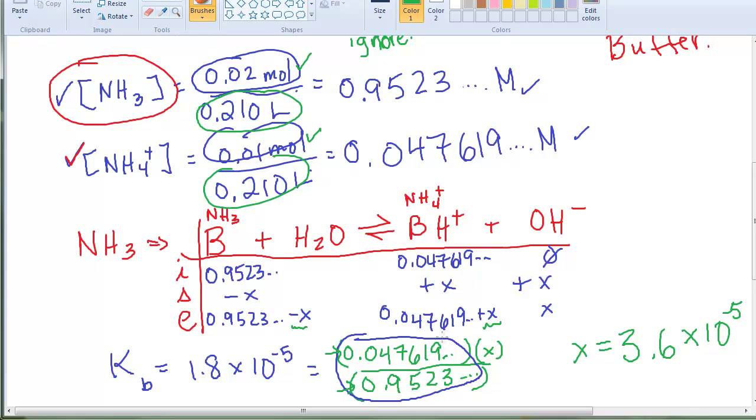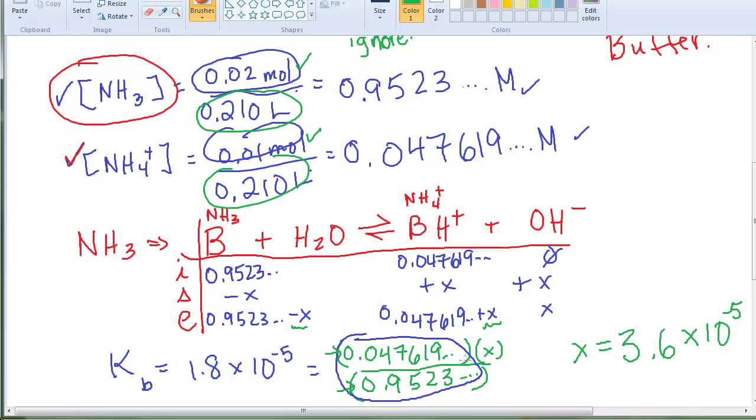We can't use the moles in the equilibrium formula, but mathematically I would have gotten the same answer if I had used the ratio of the moles rather than the ratio of the molarity, because they're all in the same solution. And by the way, this is exactly what the Henderson-Hasselbalch equation does: it puts the shortcut in so that you can use moles of each rather than molarity. But I get the same answer either way.